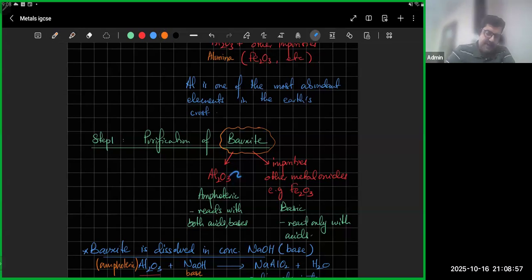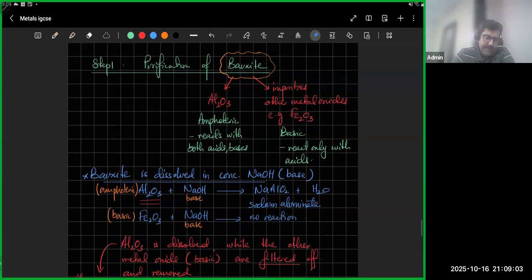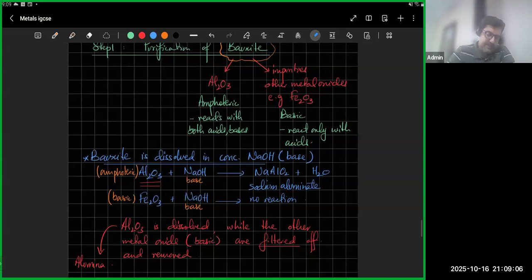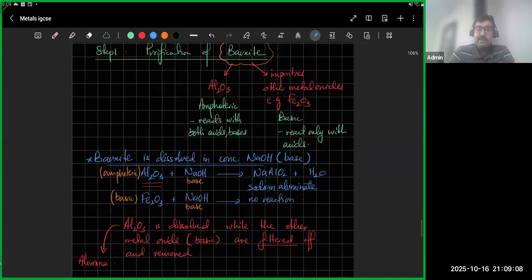Now you had to extract aluminium oxide out of it and get rid of other impurities. So you reacted the rock with NaOH. You tried to dissolve it in NaOH. Aluminium oxide, which was amphoteric, will dissolve in NaOH, an alkali, and form salt and water.